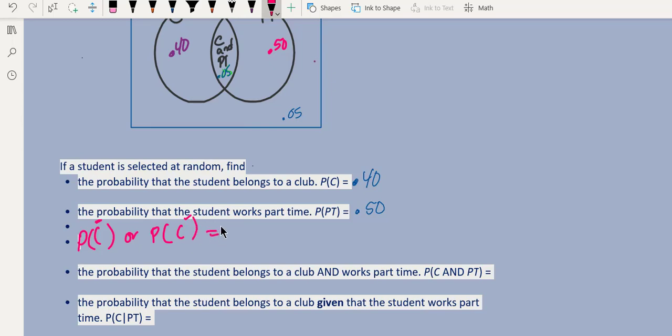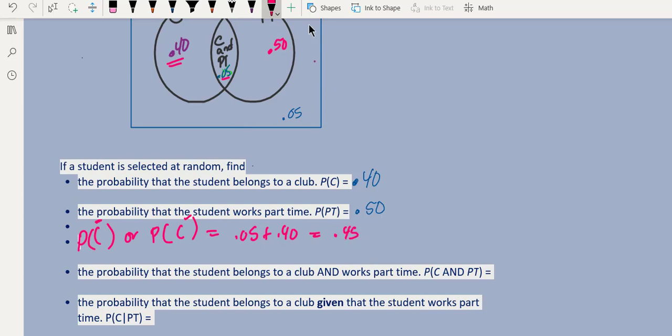Remember, the complement usually means that we have everything that's added up, and we want to subtract it from what we have. So technically, the complement of C, so what is in C? C has 0.4 and a portion of 0.05. So that would be 0.05 plus 0.40, which gives us 0.45.